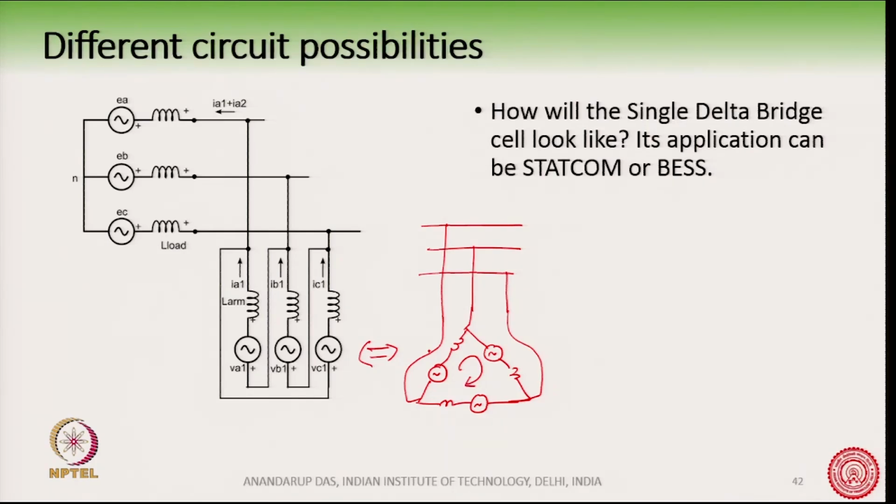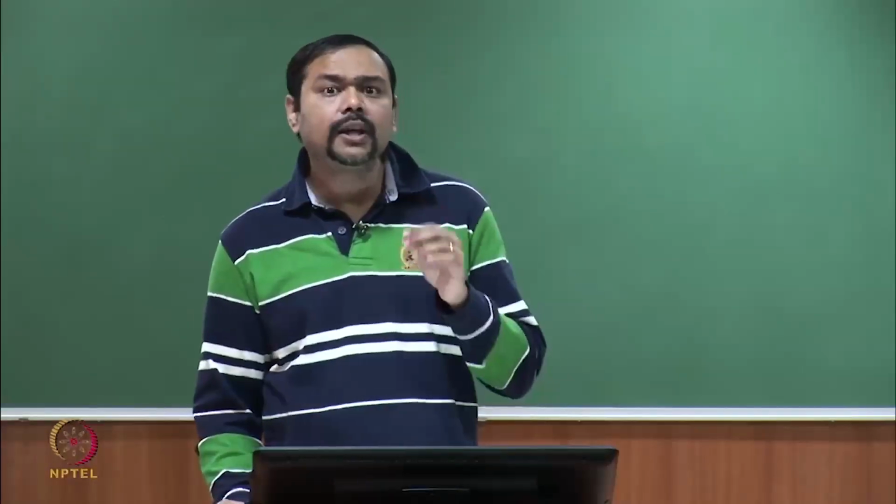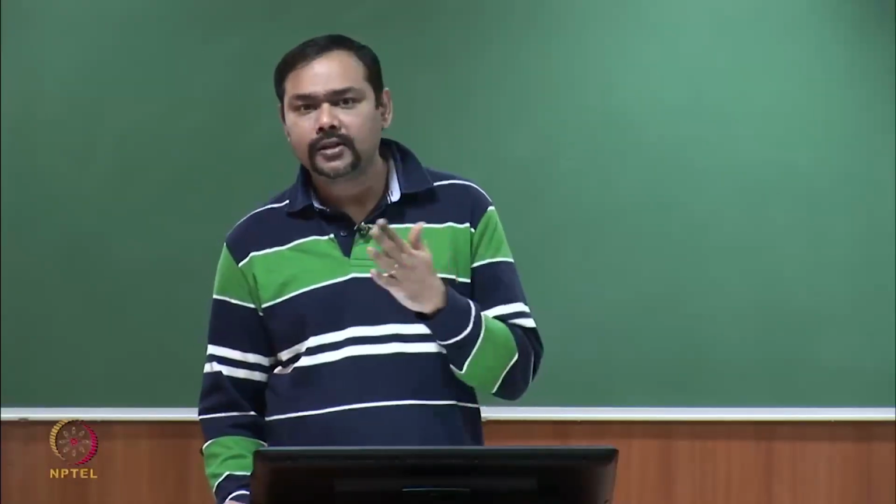You can similarly have multiple delta connected systems, like double delta, triple delta, that is also possible, but we have to see what are the unique advantages of going into such topologies. What is exactly the advantage that we get?